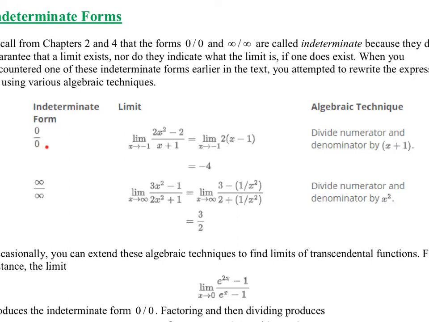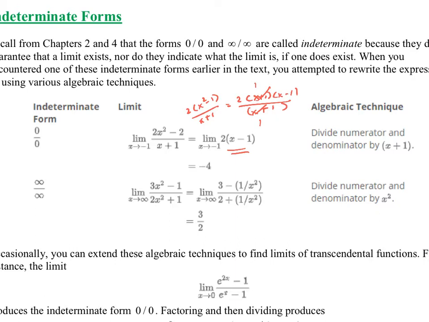The trick was trying to factor. It has a common 2, so that'd be 2 times x squared minus 1 all over x plus 1. But that factors even further into 2 times x plus 1 times x minus 1 all over x plus 1. Then you could simplify the factors, and this would be equal to 2 times x minus 1.